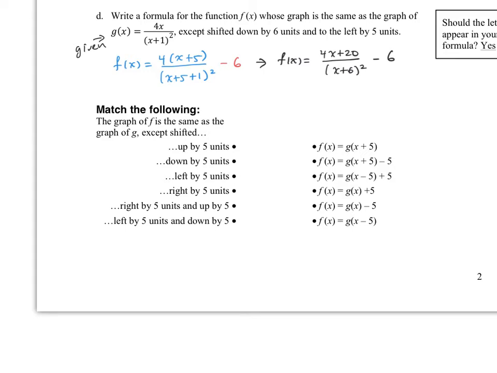Right, here it's asking you to match the following. So it says the graph of f is the same as the graph of g, except you shifted up only 5 units, so this is not left or right.